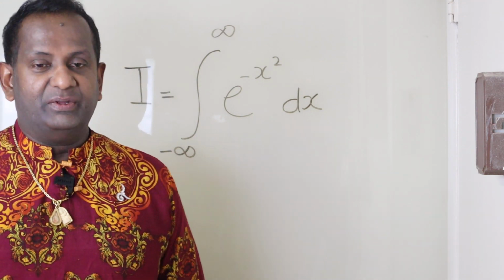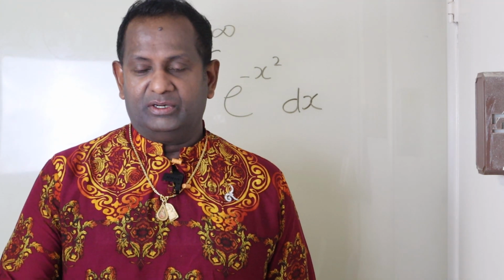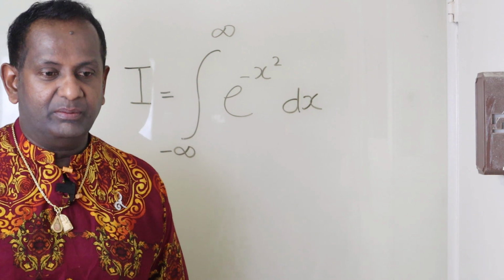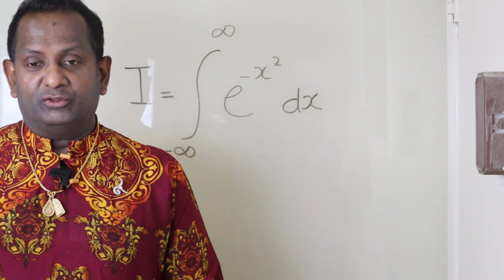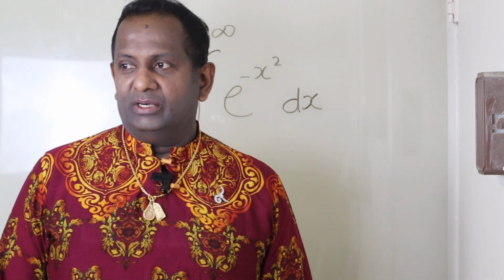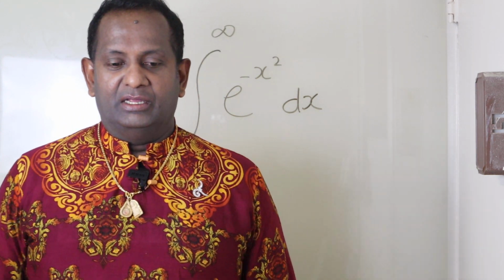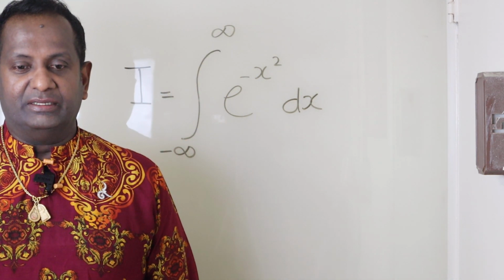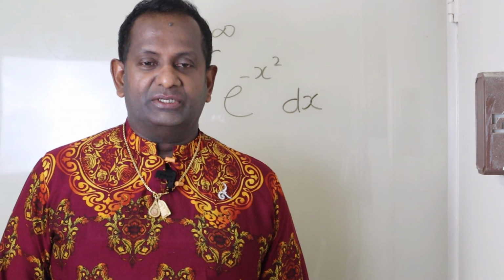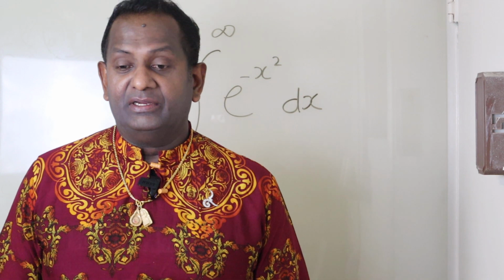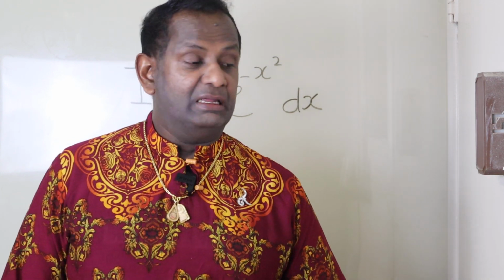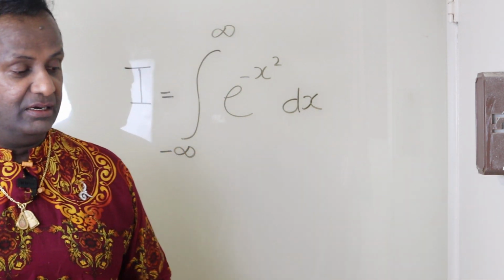Some students might have seen, heard about, or worked with polar coordinates, but not everybody. Since not everybody has seen them, I'm going to go with the second method, using the statistical distributional properties, to get this integral done.